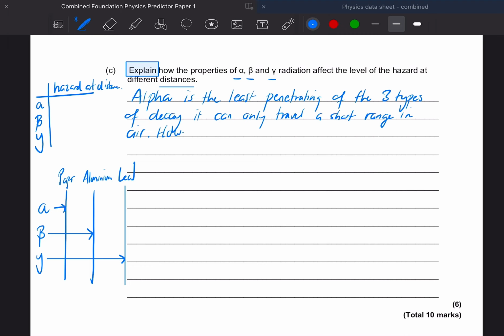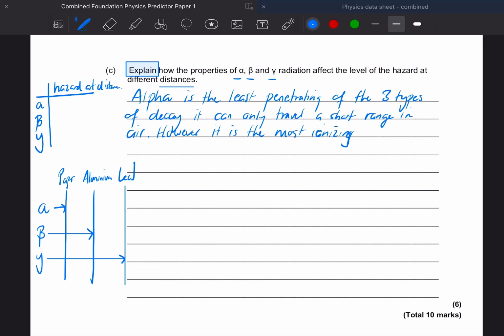However, it is the most ionizing. So what ionizing means is, what are the chances of it removing electrons from cells? And if it removes an electron from a cell, it'll turn the atoms in those cells into ions, which can cause a mutation. And then when the cells copy, they copy with the mutation. And then that mutation could possibly lead to cancer.